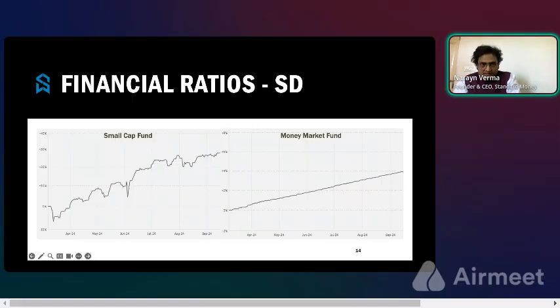With the small cap fund, there is a possibility that your investment may be reduced in value over a very short period of time. But if you look at the long term growth, it is giving you almost 30% growth from the starting point. So standard deviation is the number that represents the volatility.